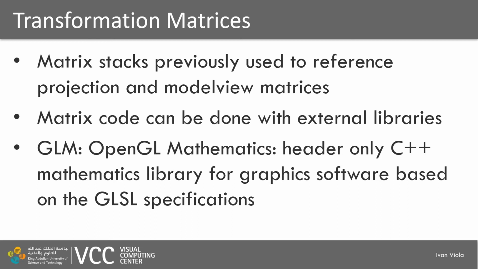Now, in the previous versions of OpenGL, the matrices were directly supported, and we could use the push and pop operations for performing hierarchical operations. But this has now been deprecated from OpenGL, and some external library needs to be used for handling matrices. Now, for the vertex shader we would need to define the following matrices.